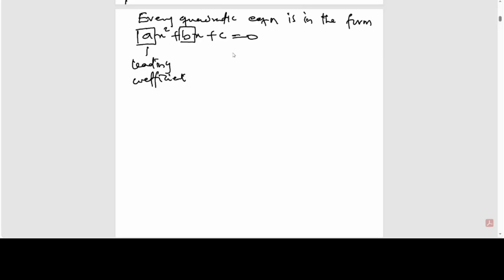So you should be able to see every quadratic equation in this form: ax squared plus bx plus c. For example, for the example that I stated over there, let me change it and write 3x squared plus 3x minus 10 equal to 0. Let's compare this equation to the general form of every quadratic equation, ax squared plus bx plus c.